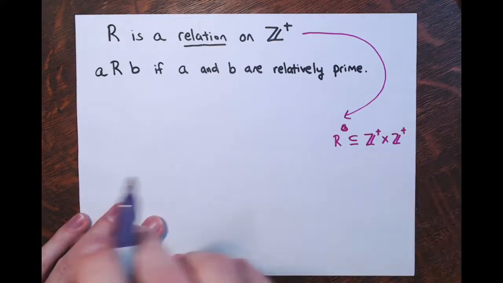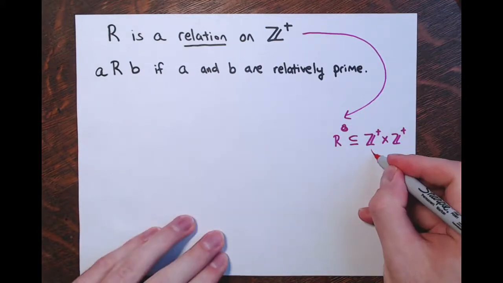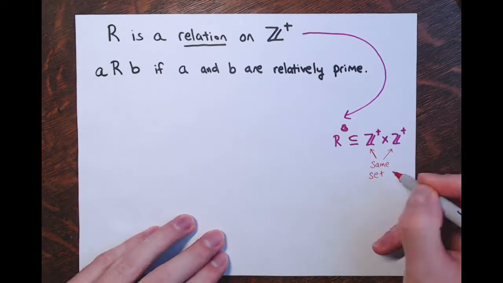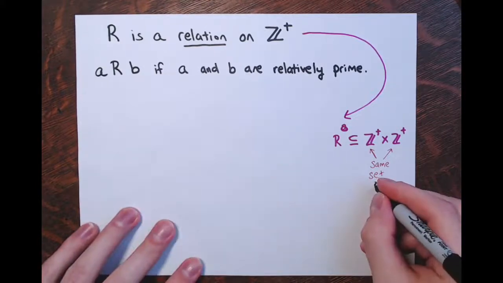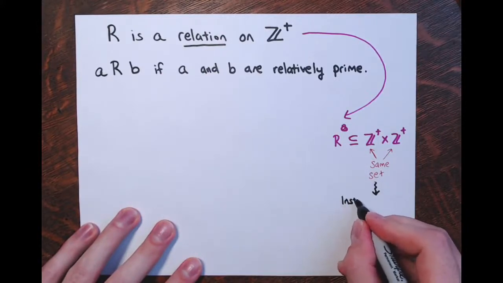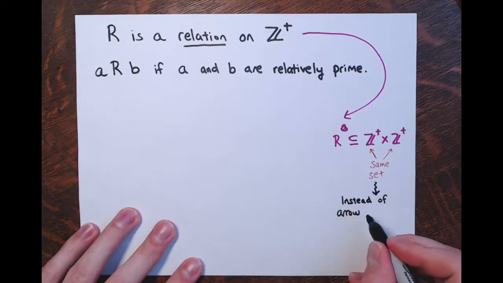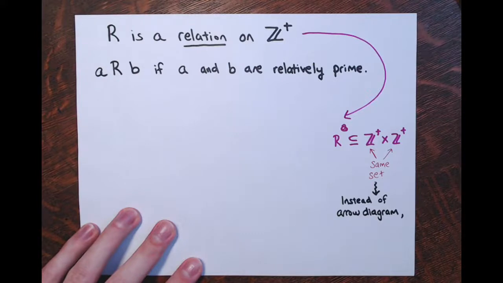When these are the same set, instead of an arrow diagram, now it'll still look like an arrow diagram, I'll still be using arrows, but if these two are the same set, instead of an arrow diagram, we draw something that's called a directed graph.